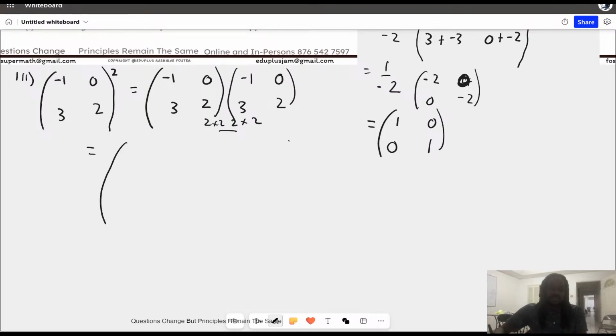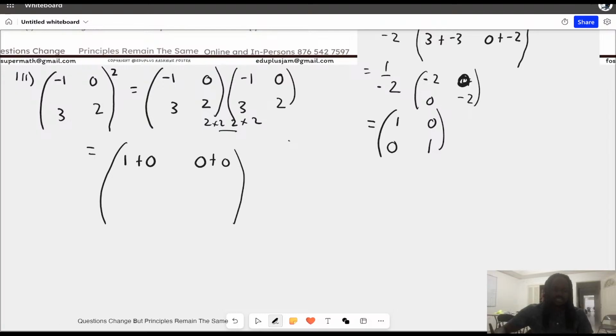First by first, that's negative 1 times negative 1, that's 1, plus 0 times 3, that's 0. Let's go again. Row by column. First times first, negative 1 times 0, that's 0. Second times second, 0 times 2, that is 0. Next, row by column.